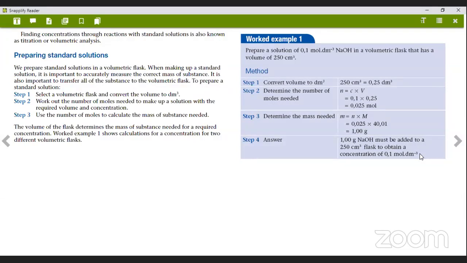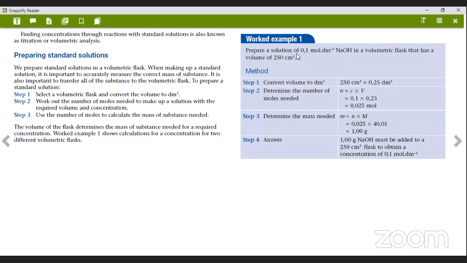They will tell you that we're going to give you a solution of 0.1 NaOH, and we're going to give you a volume of 250 centimeter cubed. So what they haven't told you is how much NaOH must be added into this solution to give us the expected result, which is stated here.